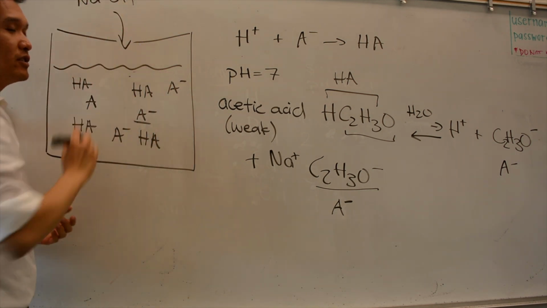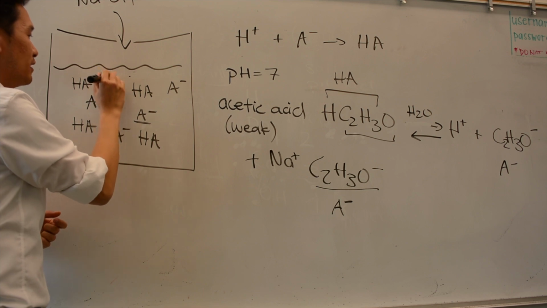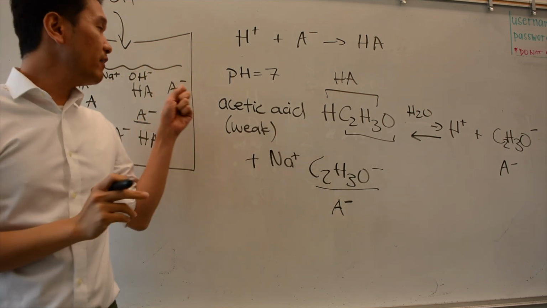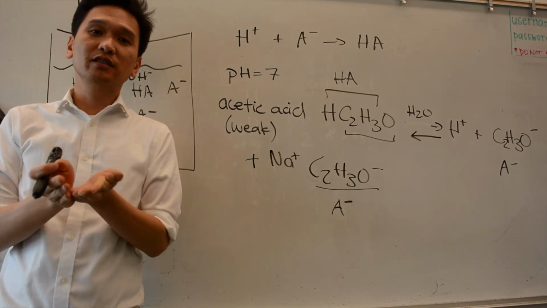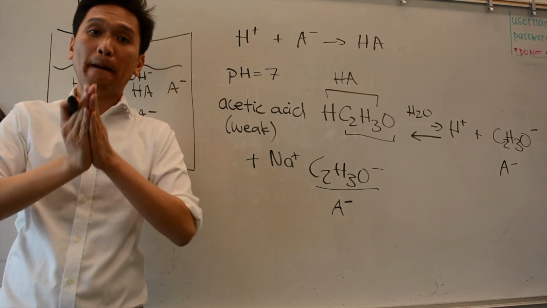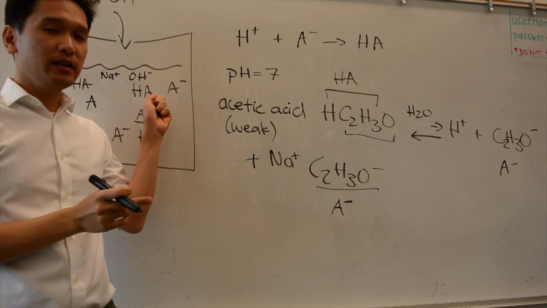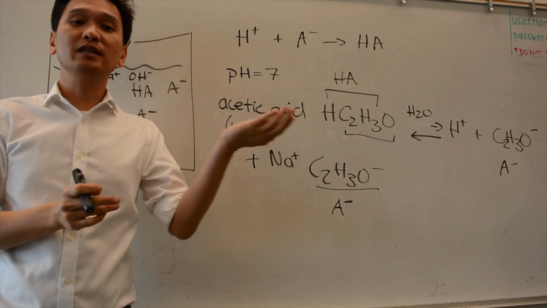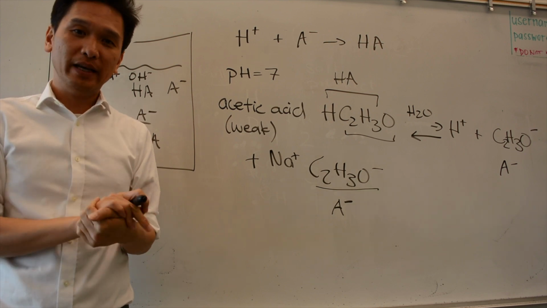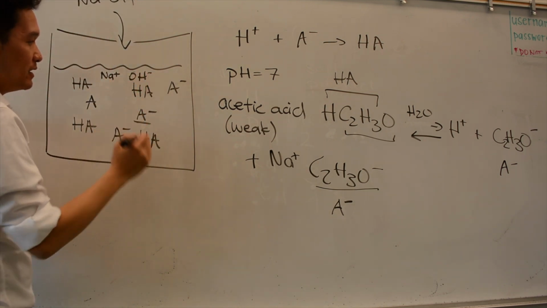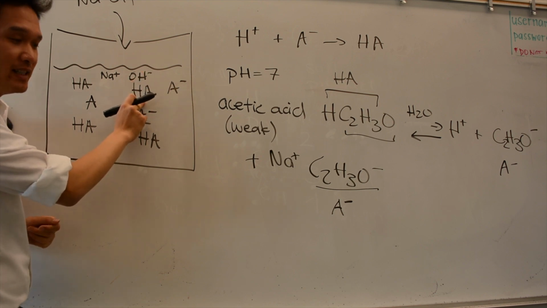Once we add that into our solution, first off, it will break up into Na plus and OH minus. If you have a lot of hydroxides in your solution, you would usually call it a basic solution. Therefore, you would expect the pH to increase and become more basic. But watch what happens. This OH minus is a base, and HA is an acid.